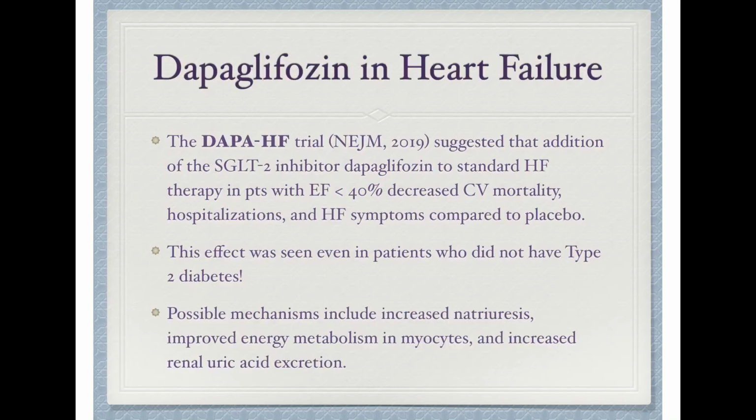Some of the proposed mechanisms for why this was included the idea that the use of the sodium glucose transporter inhibitor promoted sodium loss in the kidneys, which would help decrease the workload of the heart, just like a diuretic, and also that it improved energy metabolism as a result of improved glucose regulation, and finally that it increased renal uric acid excretion, as uric acid is thought to be a major contributor of atherosclerosis.